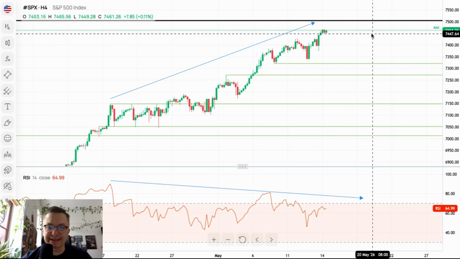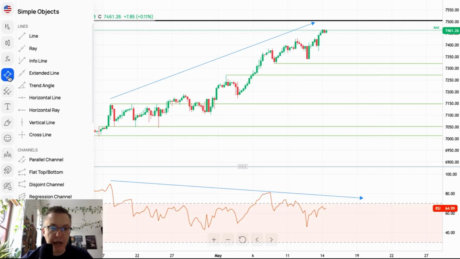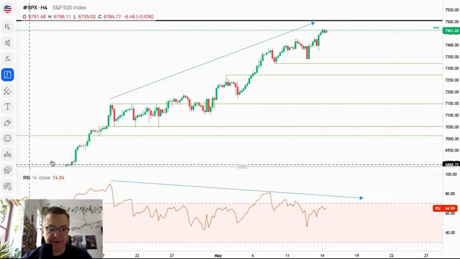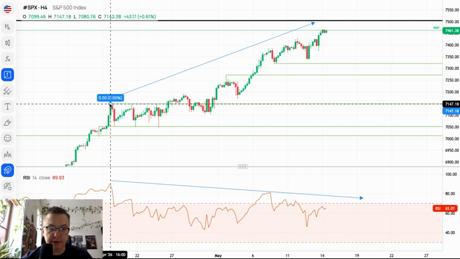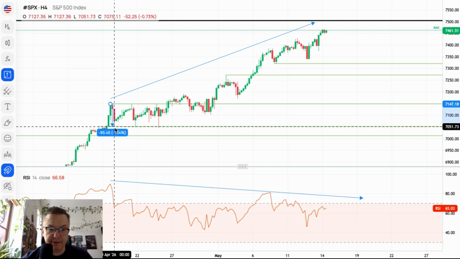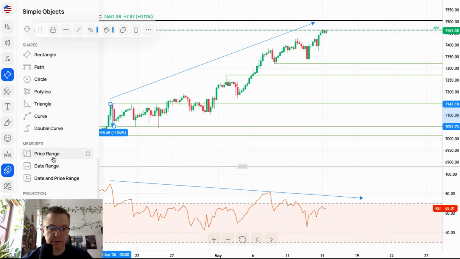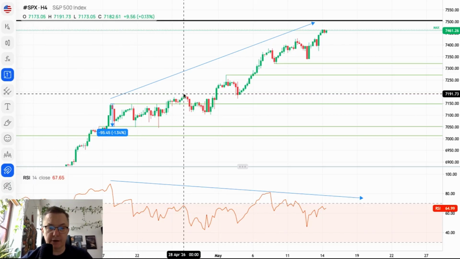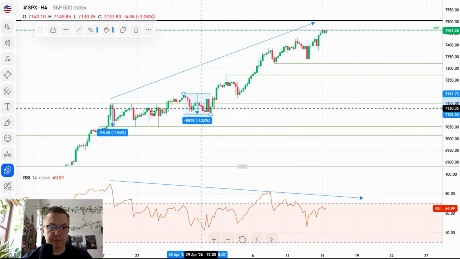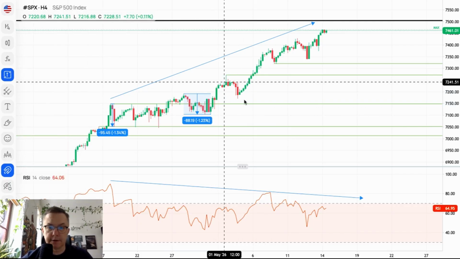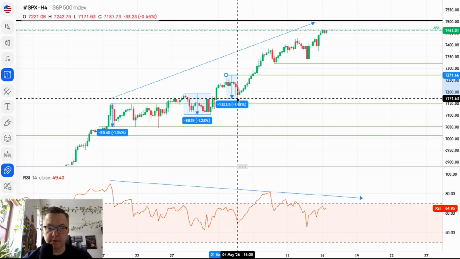What we can say for now is that the current situation in terms of the price range, for example, we got this price range, and this price range is a minus 1.34 correction. The other correction was minus 1.23. The other one might be smaller, 1.38.